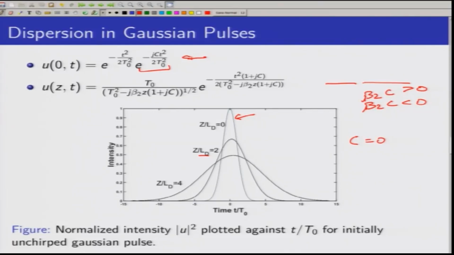However, if beta 2 c is less than 0, then the dispersion induced chirp and the initial chirp will counteract, so we will initially see some compression, then the net chirp becomes 0, and then it starts monotonically increasing again. So, for the initially chirped pulse, counteracting with beta 2 leads to compression to a certain distance, and then it starts monotonically increasing again.